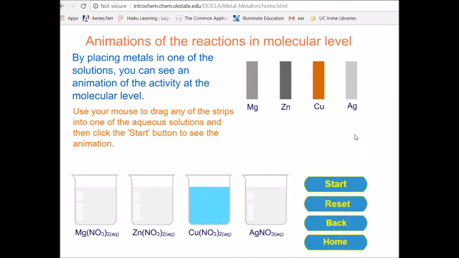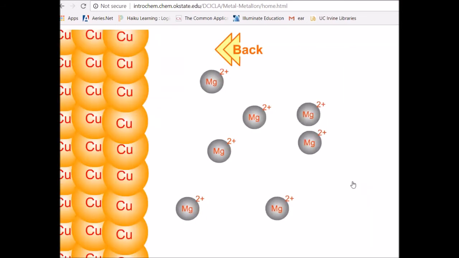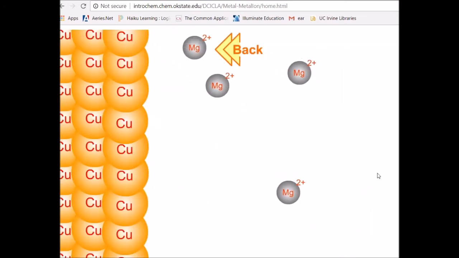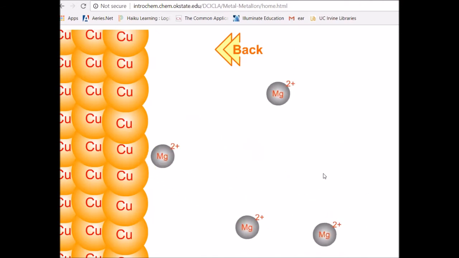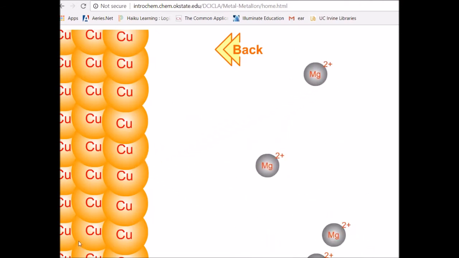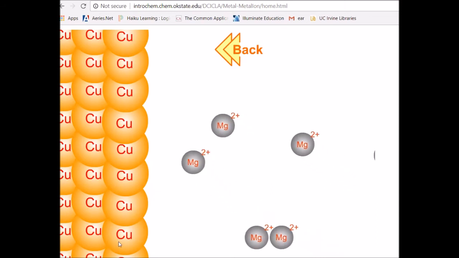Now I'll do a different simulation which has a different percent productivity. I'll take a copper bar, put it in magnesium nitrate solution. So here are the magnesium ions that are mobile because they're aqueous. Here's the copper metal, which is solid and immobile.